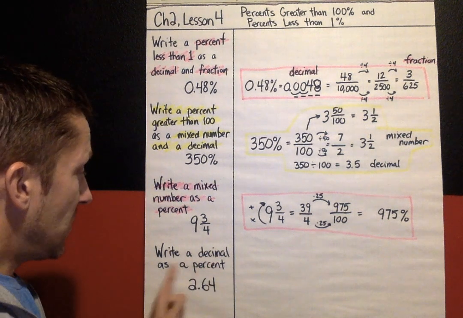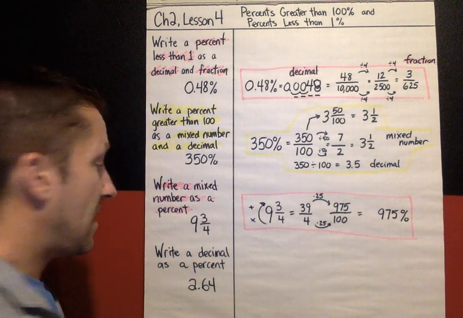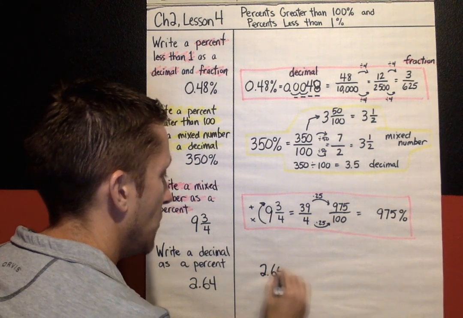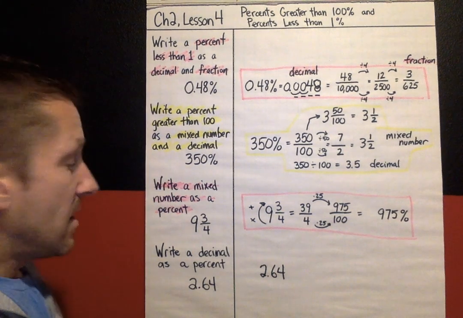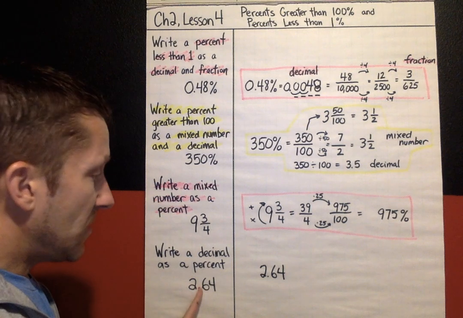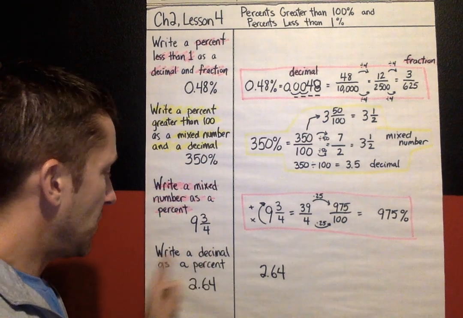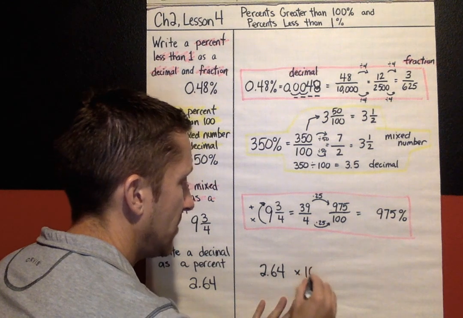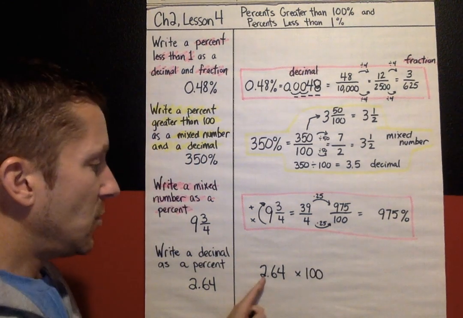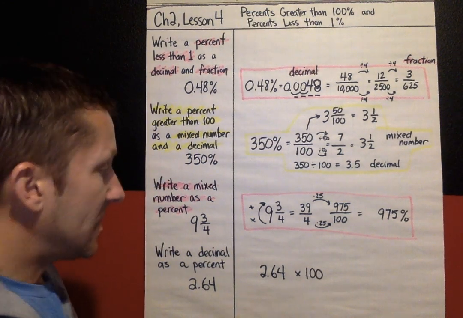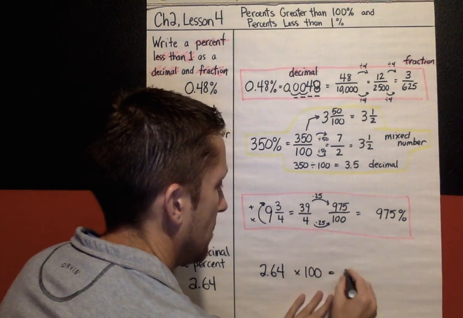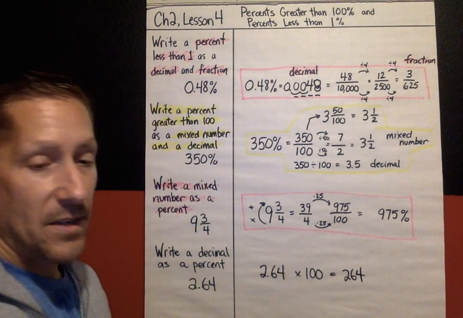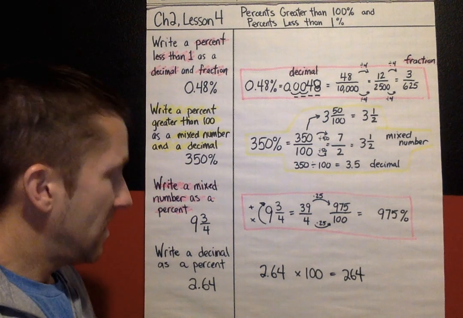If you have a decimal and you want to change it into a percent, here is your strategy. You take whatever your decimal is, from decimal to a percent, and you're going to multiply it by 100. 2.64 times 100, calculator that if I need to, I get 264.